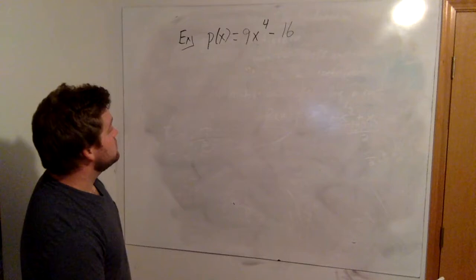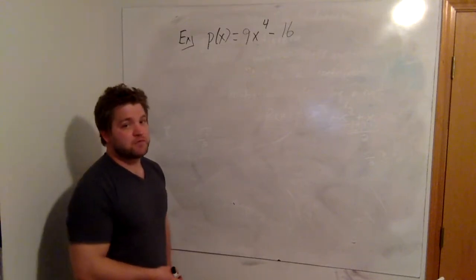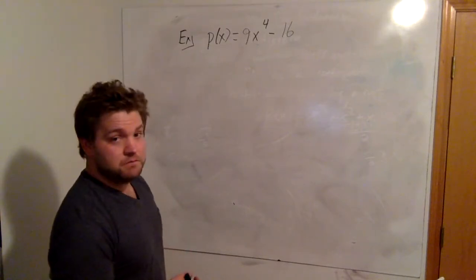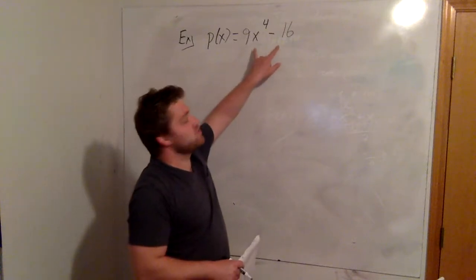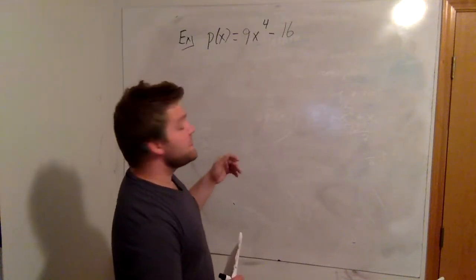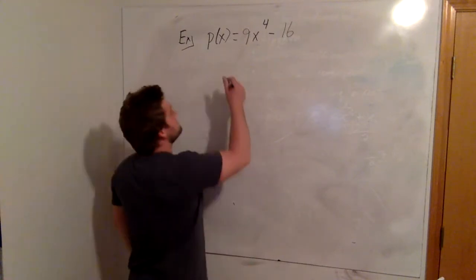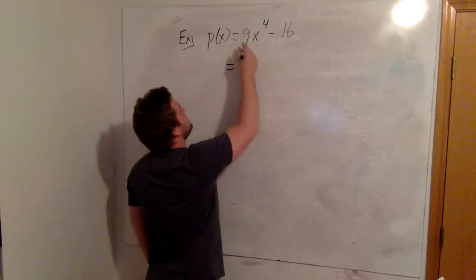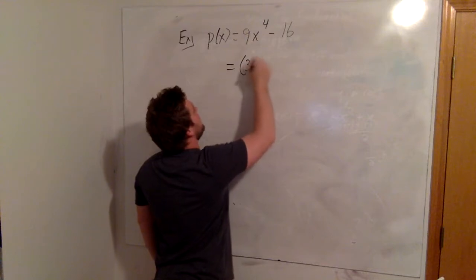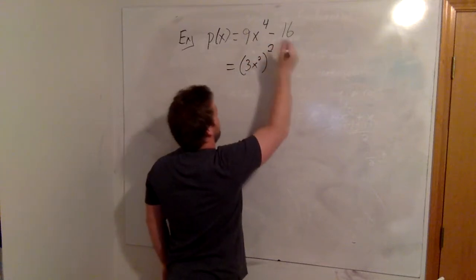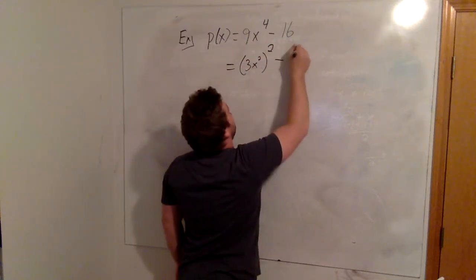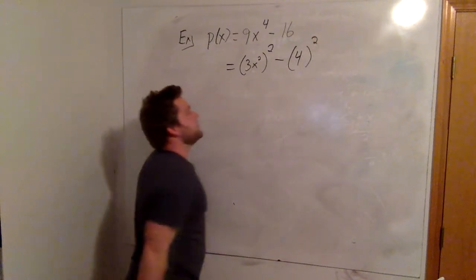Okay, so what I'm noticing about this problem if I want to factor it is that this is actually going to be quadratic in form, but I should also see that this is a difference of squares pattern. Notice that I could rewrite this as 3x squared, quantity squared, minus 4 squared.